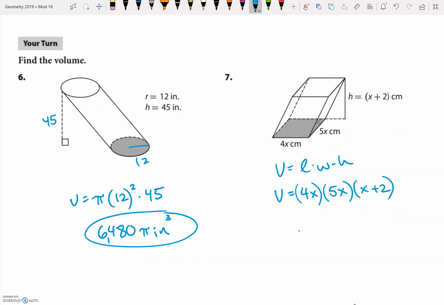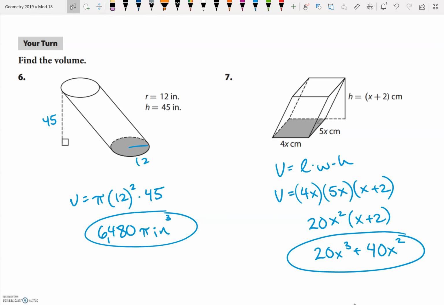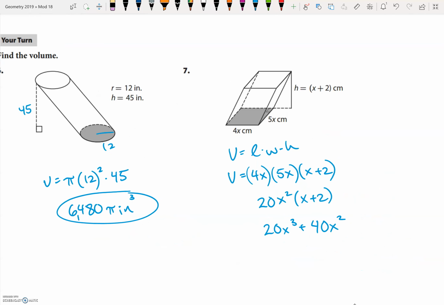So 4x times 5x, 4 times 5 is 20, x times x is x squared, and then we just need to distribute. So 20x squared times x is 20x cubed, and then 20 times 2 is 40x squared. I guess we should write centimeters cubed. So if we were to get an x value, we can plug that in here and we'll figure out how much volume that is.